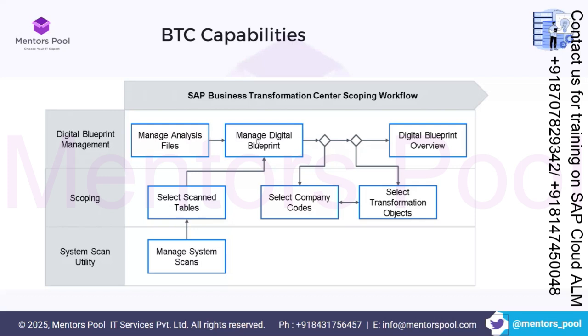Once you have created the digital blueprint, you will get the data based on the company codes and organizational data, and you are going to do the scoping by putting in filters either by time or by organizational units, where you can select the tables as part of scoping based on the company codes, and you can select the custom code and do the transformation accordingly.